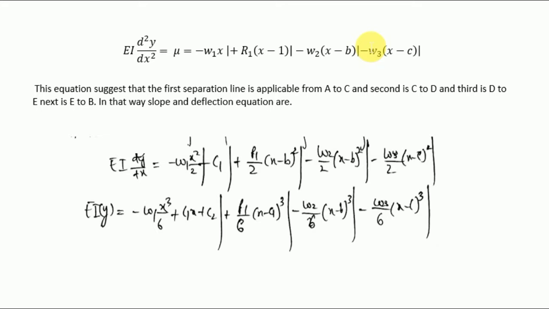valid for each section, and we again integrate this equation two times, and we have a slope equation and a deflection equation. According to the needs of the problem, we apply the boundary conditions and find the values of C1 and C2.